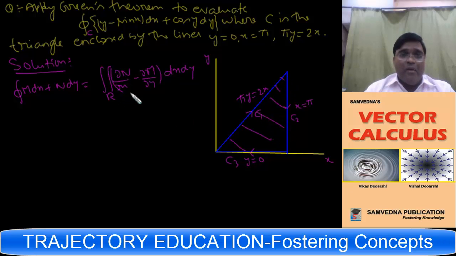But this double integral cannot be equal to the line integral along both orientations, because the line integrals in the two orientations differ by a minus sign. Your line integral cannot be equal to plus 10 and minus 10 at the same time.